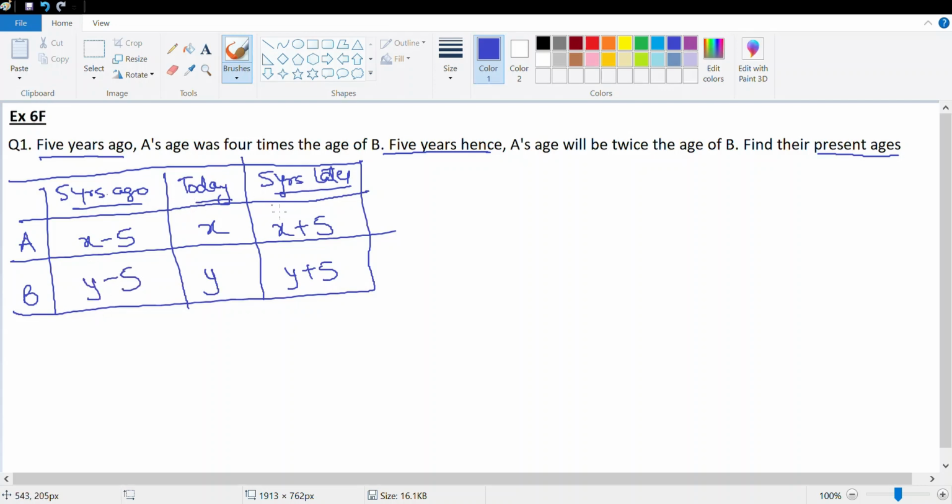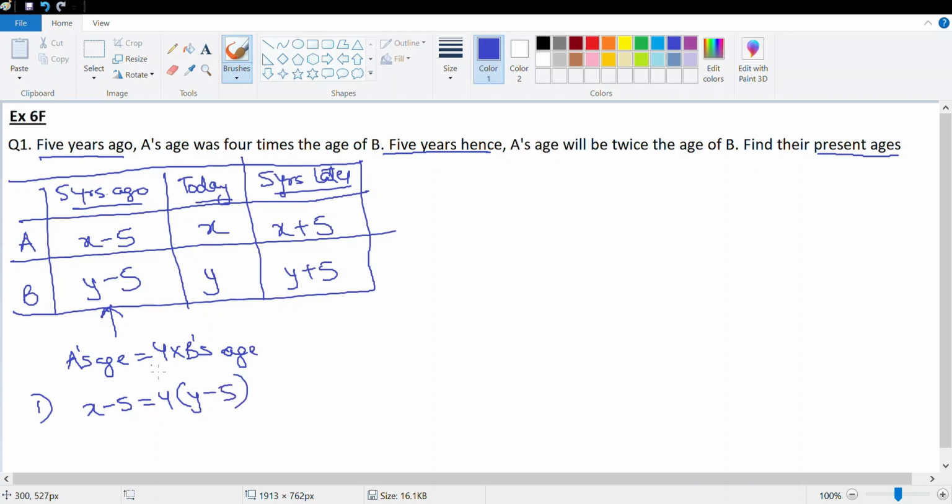Now I read the question once again and figure out the relations given. 5 years ago, which means we're looking at this time frame, A's age was 4 times the age of B, which means A's age is equal to 4 into B's age. So our first equation will become X minus 5 is equal to 4 times (Y minus 5).